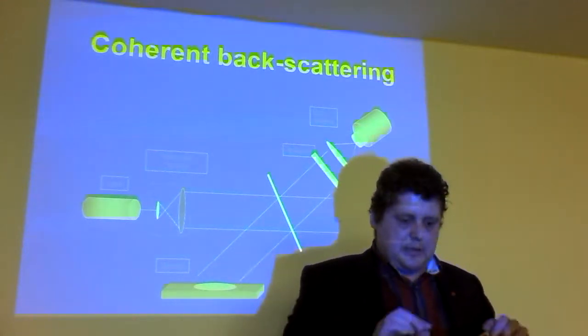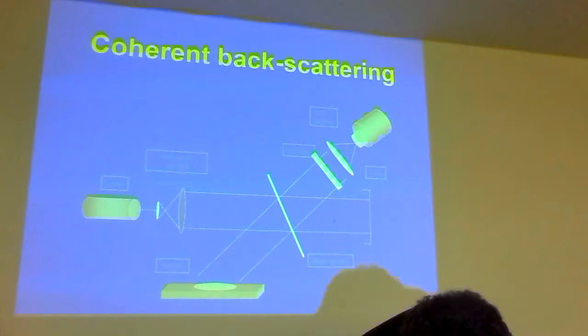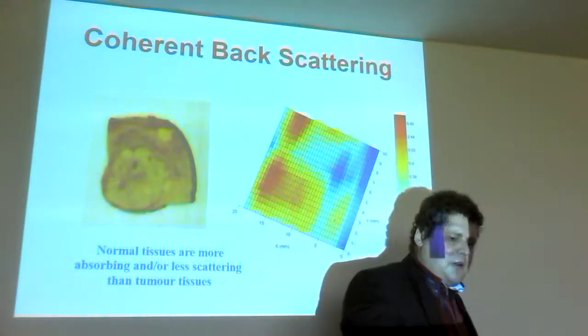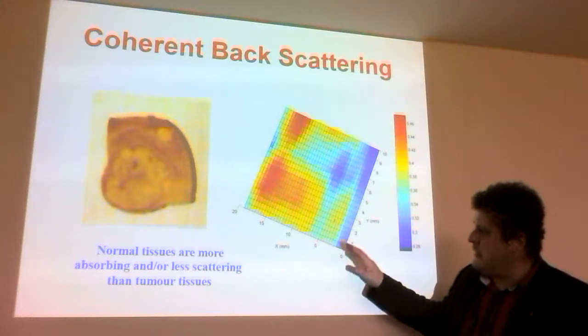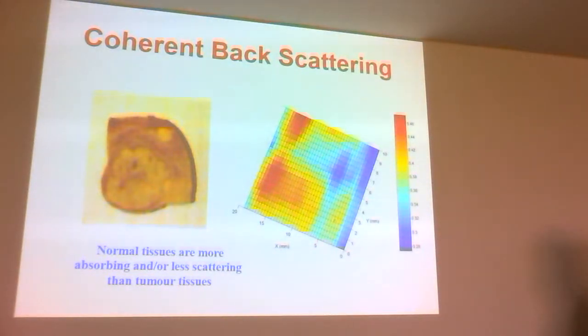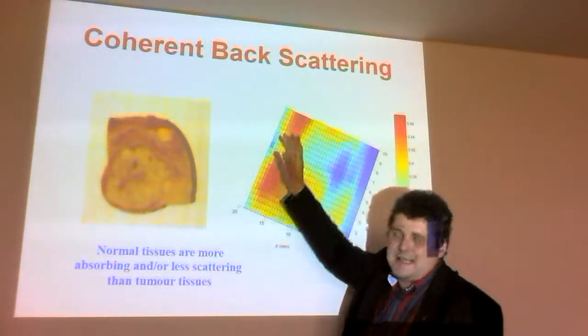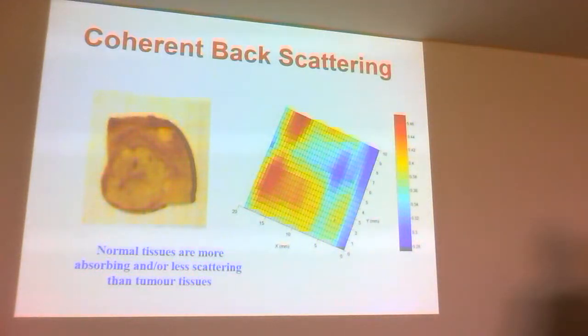Not the slices, but the thick tissues. We were able to see that the normal tissues are more absorbent or less scattering than tumor tissues, and we saw some signatures associated with coherent properties, but we were not able to use it specifically for cancer detection.